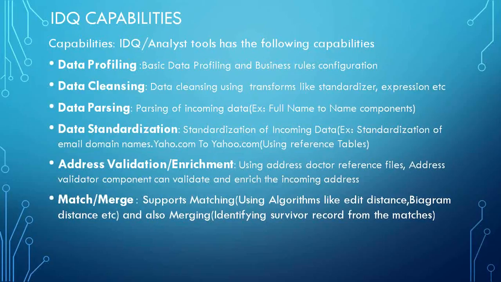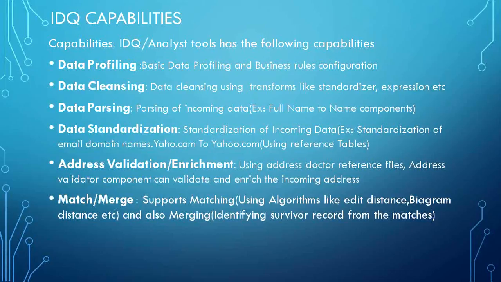You can also do business rules configuration. For example, a customer might want to know how many records have an invalid mobile number. When I say invalid mobile number, it could be length less than 6 or 7 or 8, whatever it is. I can configure a business rule so that we also get the outcome of that business rule. Then we can do data cleansing using transformations like standardizer and expression.